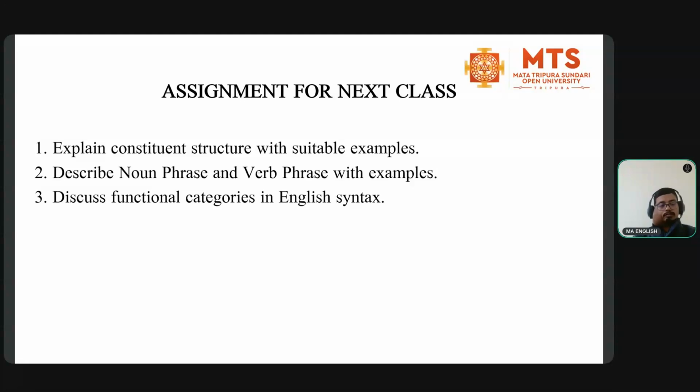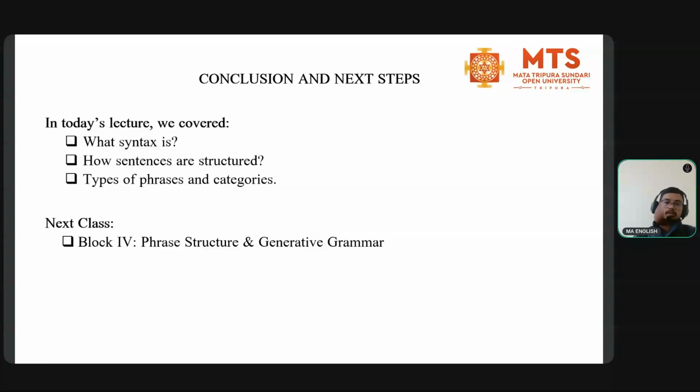Explain them with examples from English. When you write an answer, try to write it in simple language. Don't try to write a very long answer. Try to justify your answer properly.